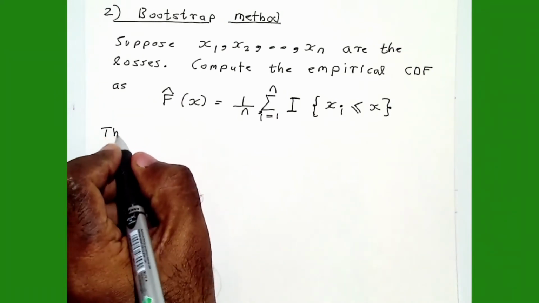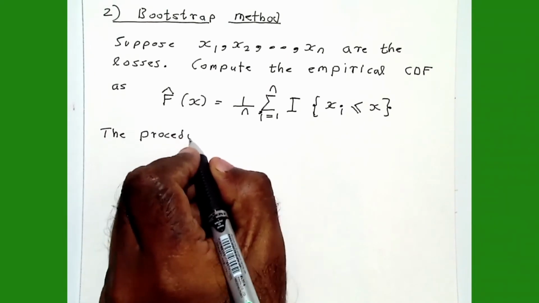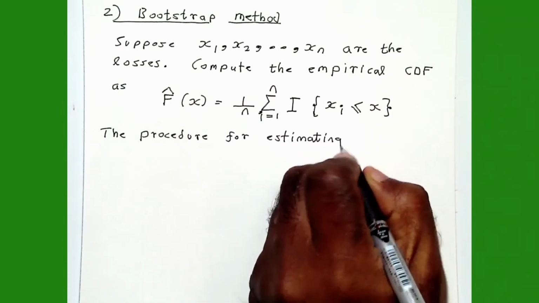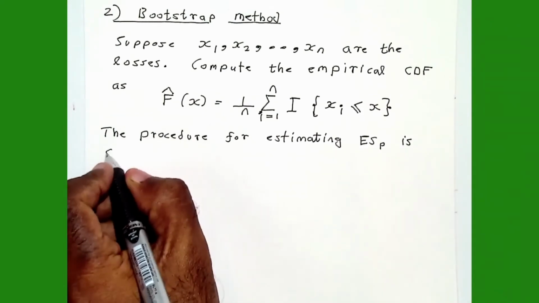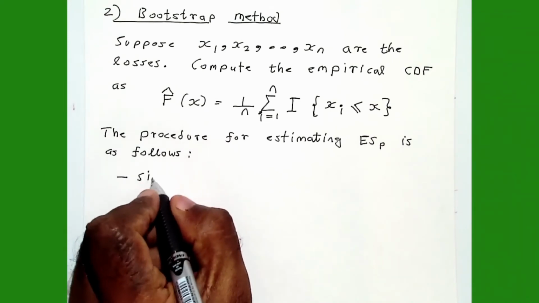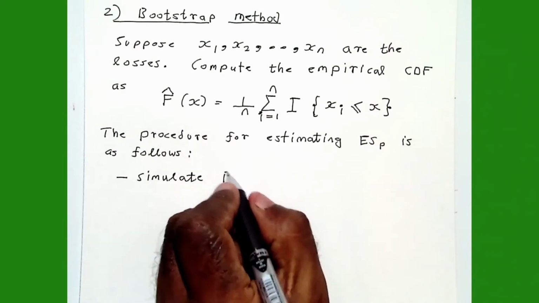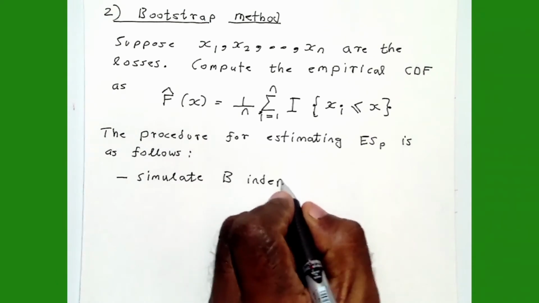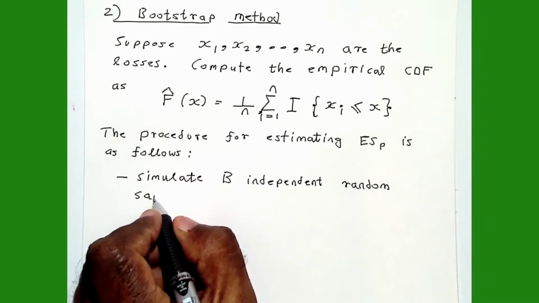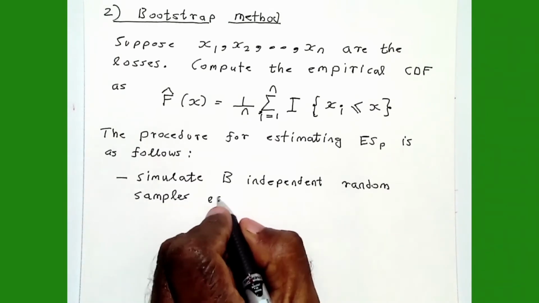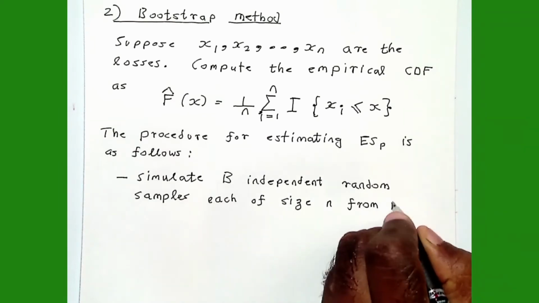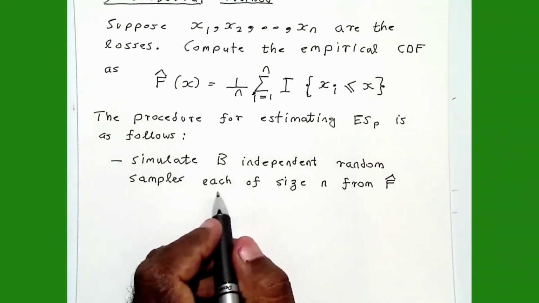Now the procedure is as follows. The first step is to simulate B, an integer, independent random samples, each of size n from F hat.